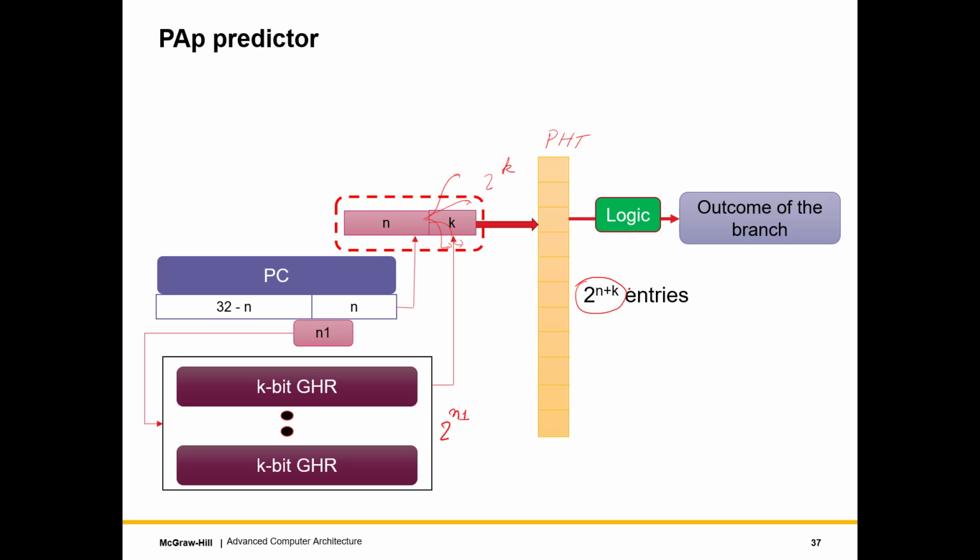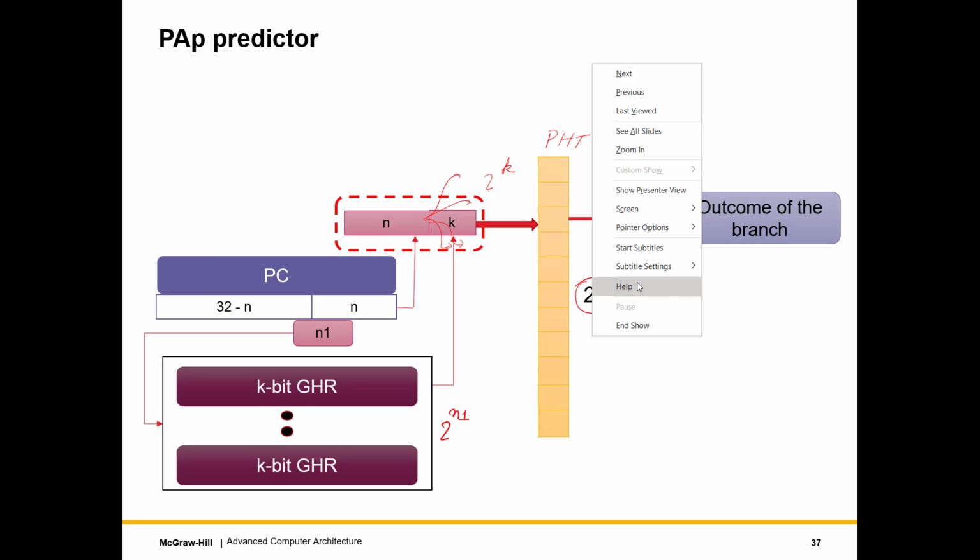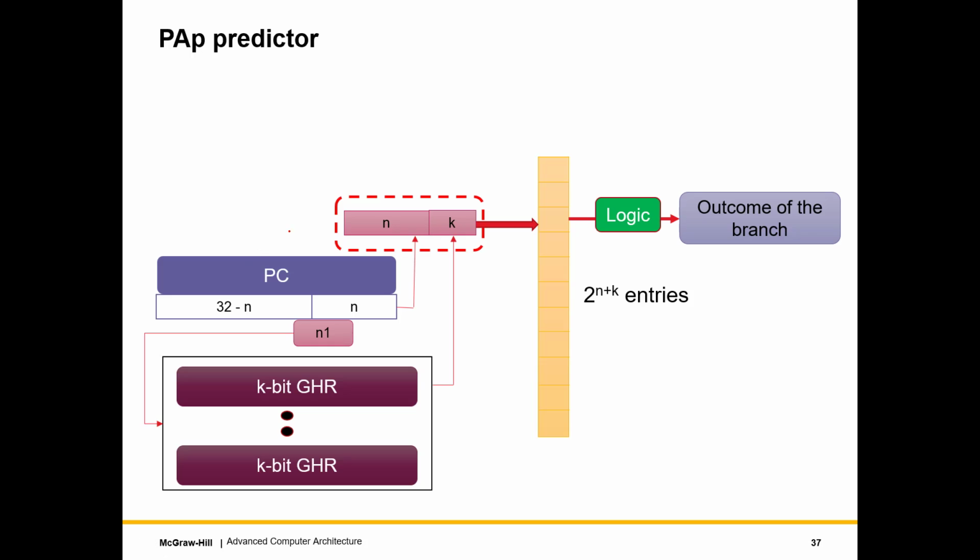So let us go back to the PAP predictor over here and first clean the ink on the slide. Let us see if it solves our problems or not. Let us first consider the first issue that we had highlighted, which was to take care of iteration 1. In iteration 1, our line of argument was that the foo function starts, we have some instructions, and then we have beq exit.